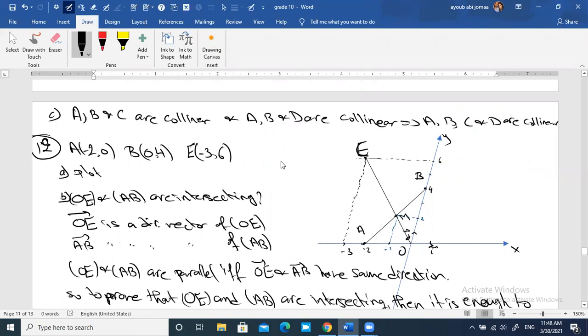Till now, you don't know how to find the equation of a line in a coordinate system, in any system. Don't use this method. Finding equations of lines is in the coming lesson, chapter 13, lines in a coordinate plane.